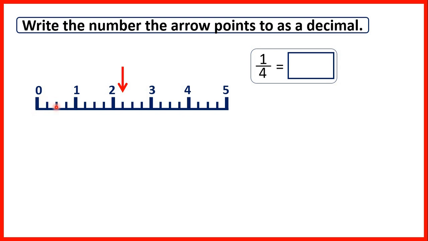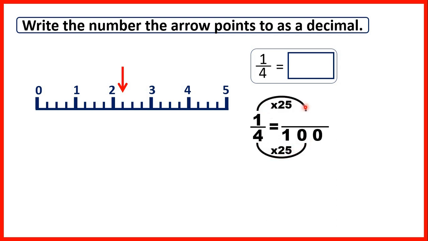lines must represent 1/4. Now we can write 1/4 as a decimal by changing it to hundredths. 4 times 25 is 100, and 1 times 25 is 25.